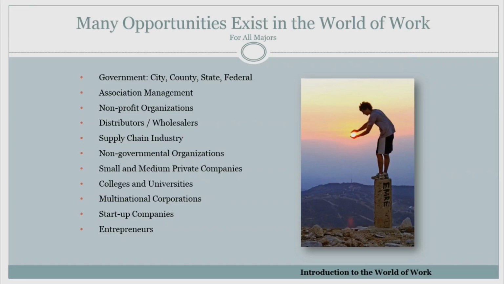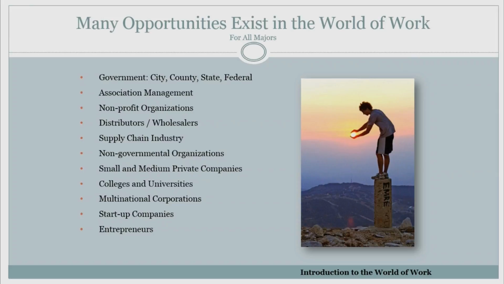So I've listed a few here that are something you may not have considered. For example, association management is all the staff and professionals that run professional associations. For example, the California Teachers Association has to have an entire staff run it, as an example. And they have many different positions that require any major, as well as some technical majors.